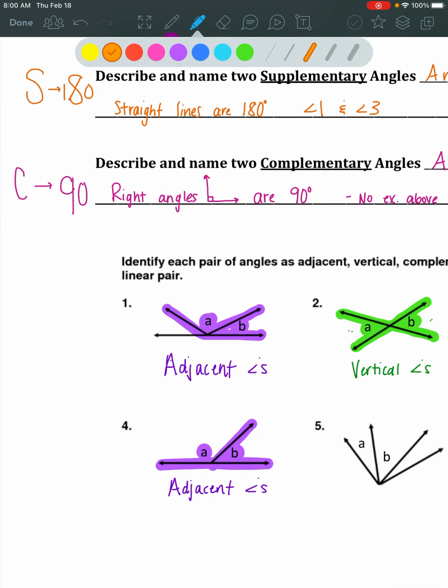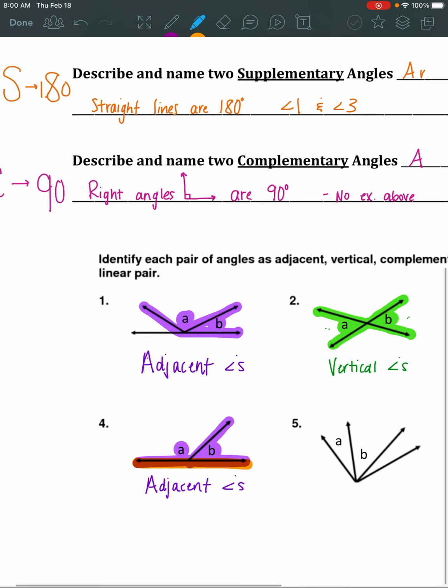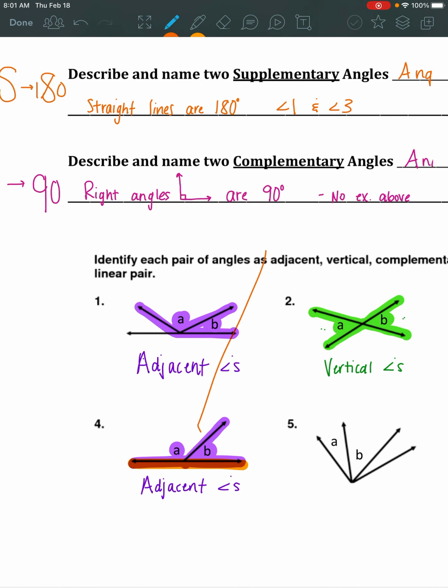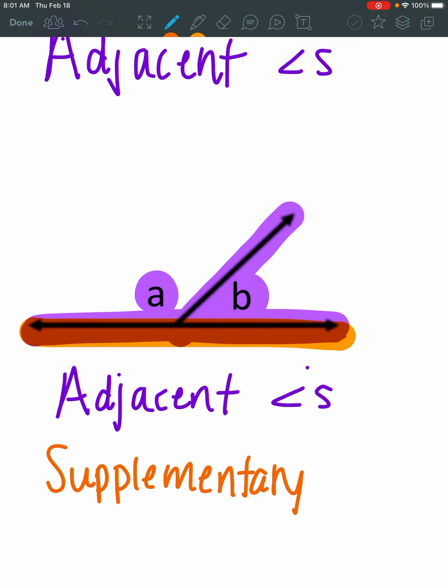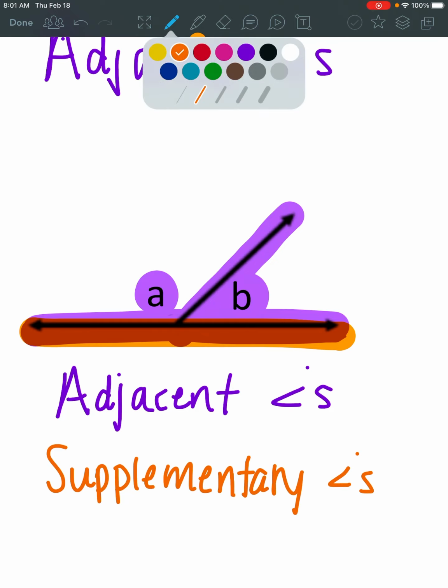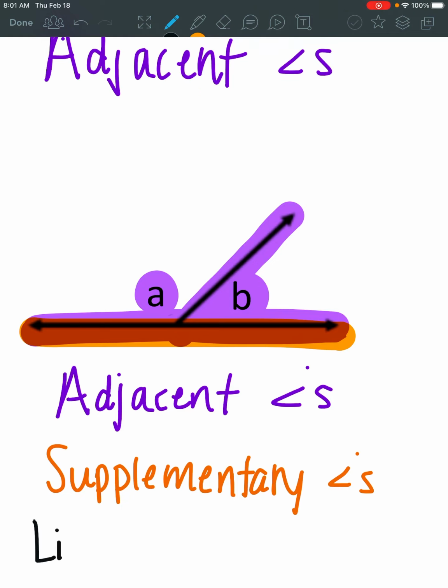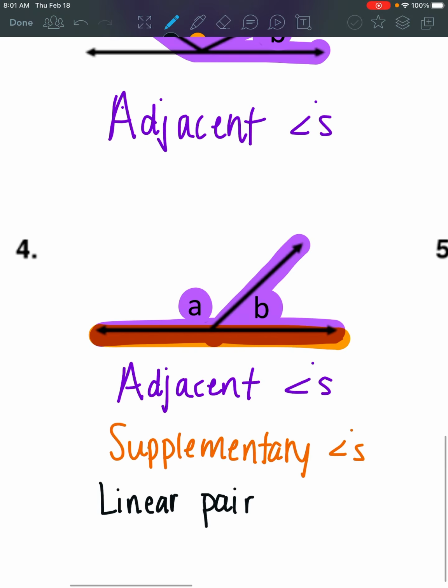So supplementary, that straight line. So they fit into two categories, supplementary as well. Now, in that instructions, it did ask for a linear pair. This would be an example of a linear pair because they both form a straight line, those two angles together.